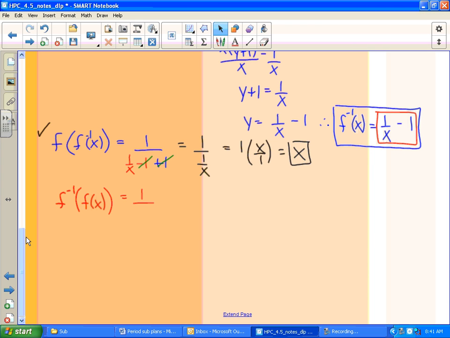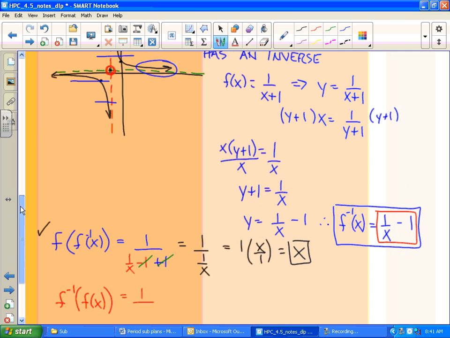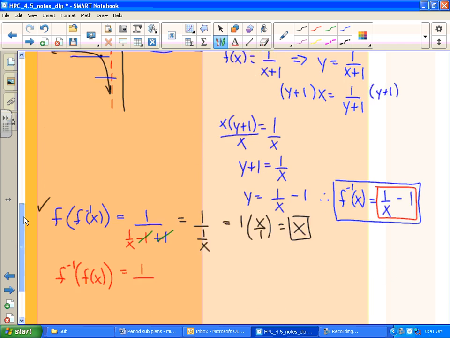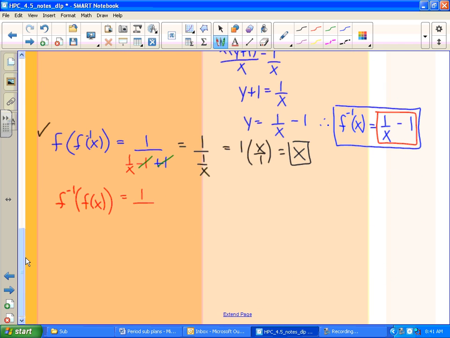And our f of x function was, what was our f of x function? 1 over x plus 1. All right, so I have 1 over 1 over x plus 1. And then that thing minus 1.